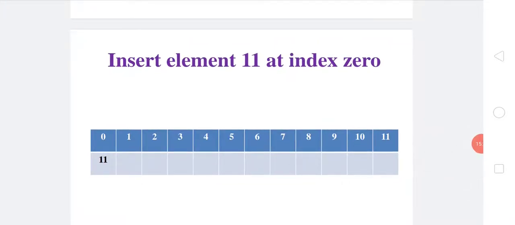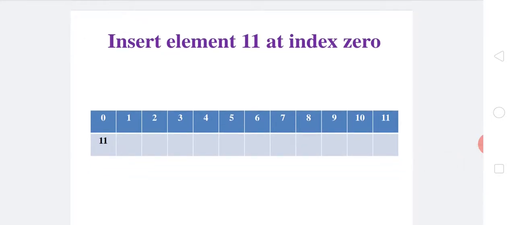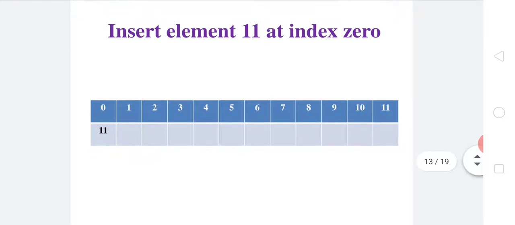Now I am going to apply all the operations here. The first operation is the insert operation. Insert element 11 at index 0. After insertion, with the new element 11 at location 0, the array will look like this.